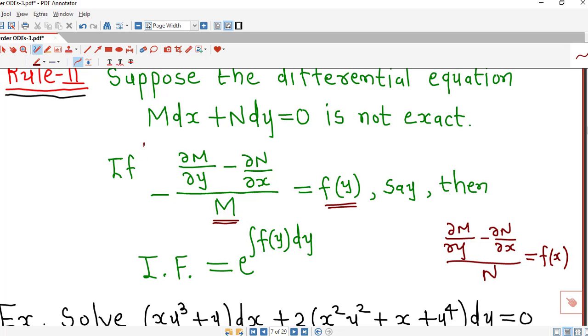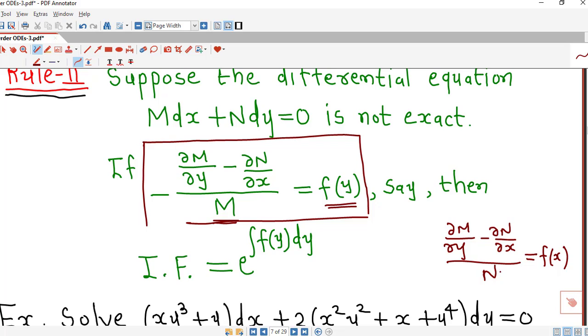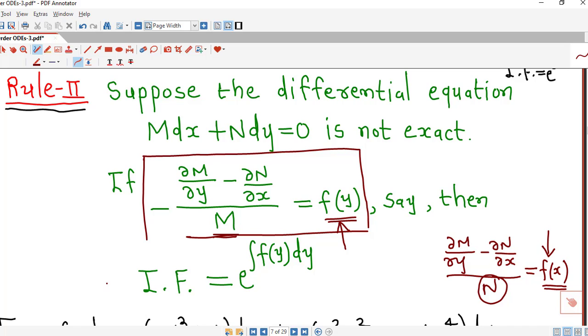So both are similar, but here the change is that we divide by N, and here we divide by capital M. Here we are not taking the negative sign, here we will consider the negative sign. Here the quantity is required to be a function of x only, and here we require a function of y only. This is how we can easily remember these different working rules.